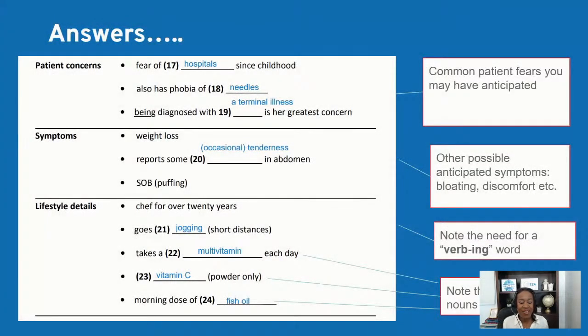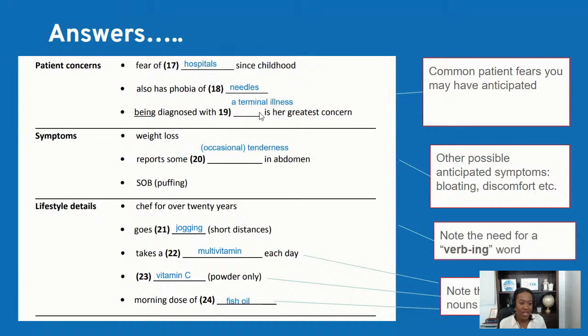Okay, so here are the answers. For number 17, the answer was hospitals, and number 18 was needles. These are common fears or phobias, so you might have anticipated these.